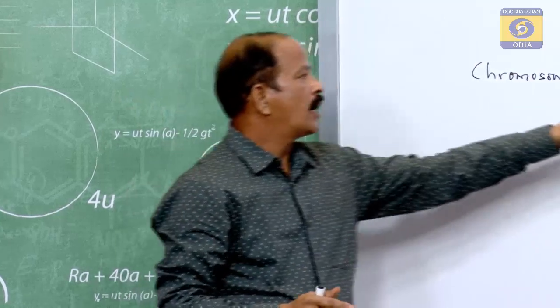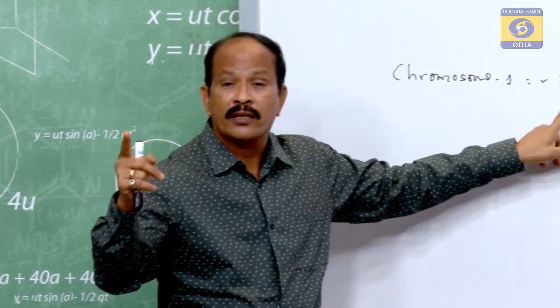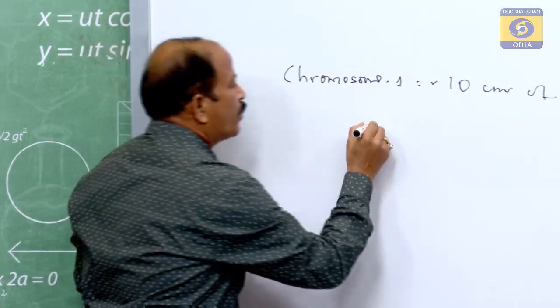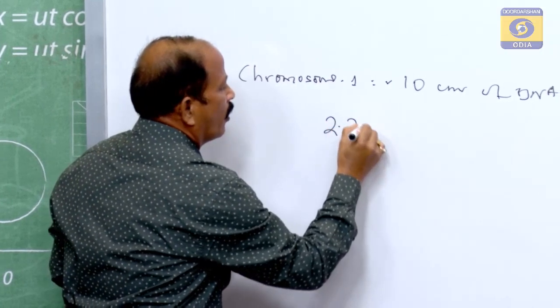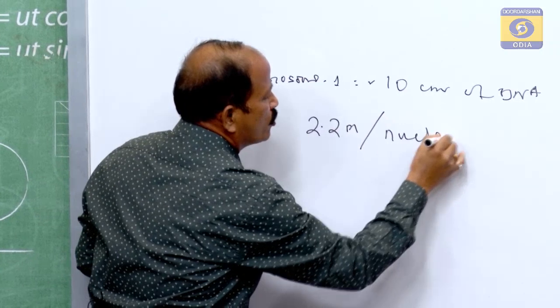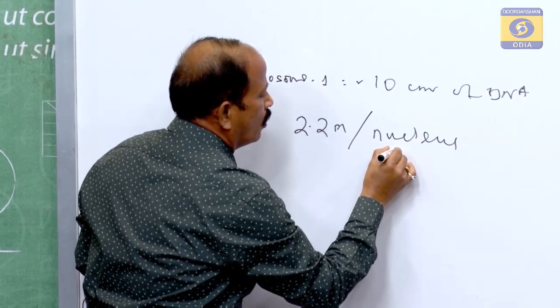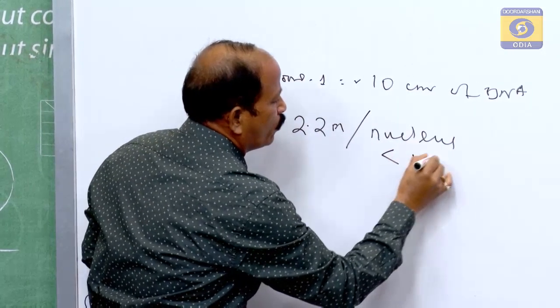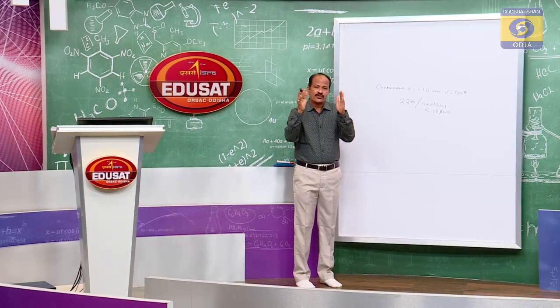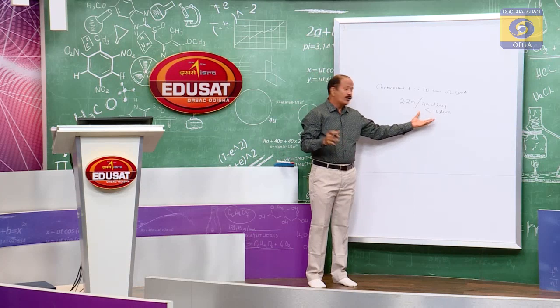Chromosome 1 has 10 centimeter long DNA, but my question is how this 2.2 meter long DNA is present in each nucleus, which is below 10 micrometer. The nucleus of each human cell is below 10 micrometer.